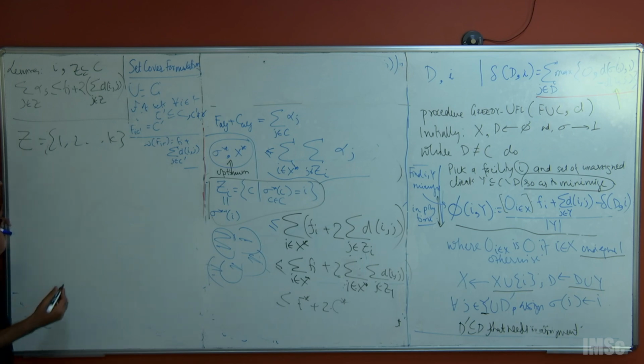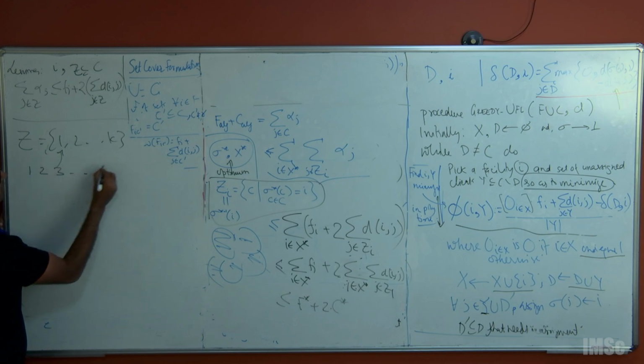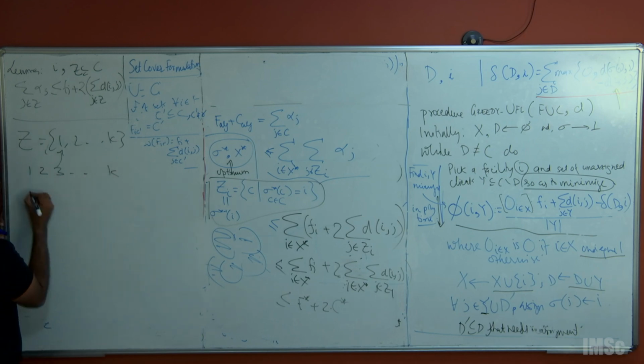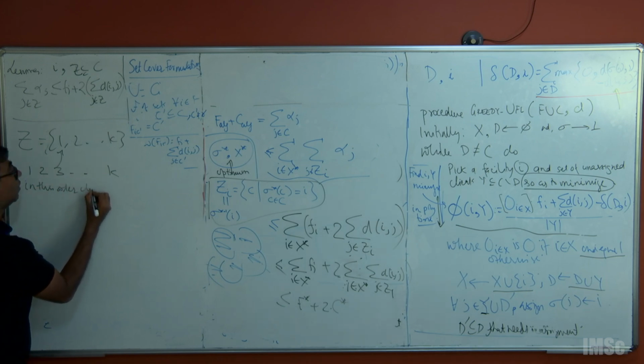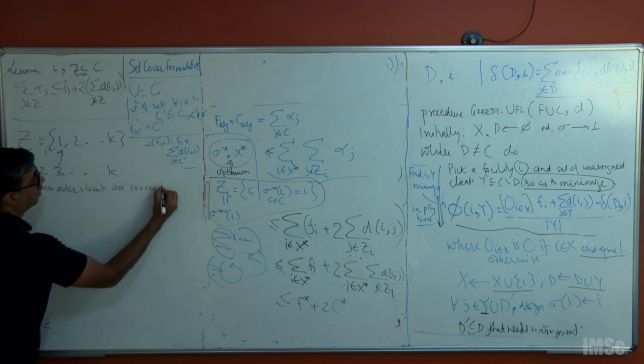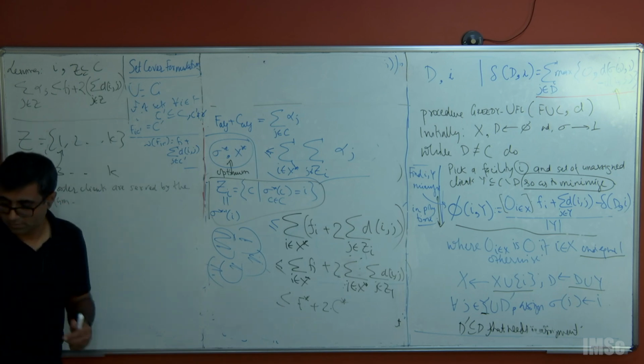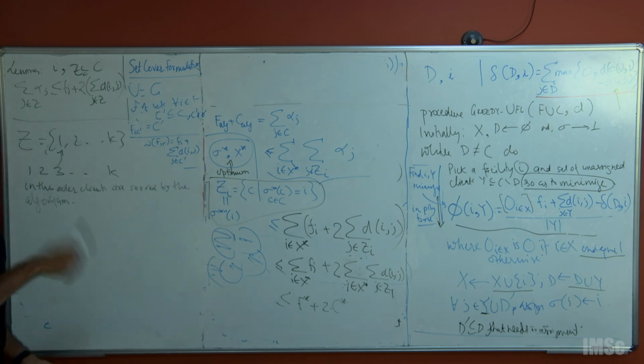For now, let's assume that 1 was served before, then 2 was served, then 3 was served. So in this order clients are served by the algorithm.